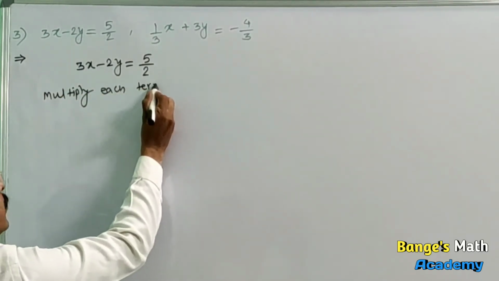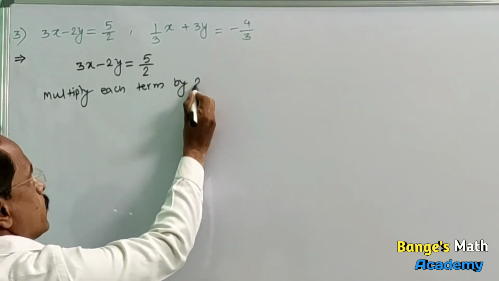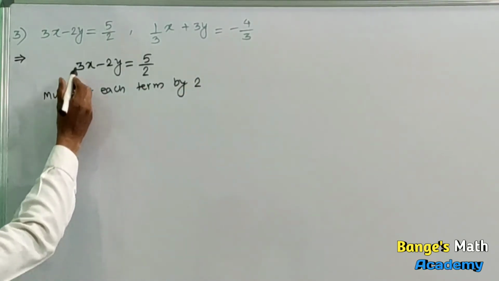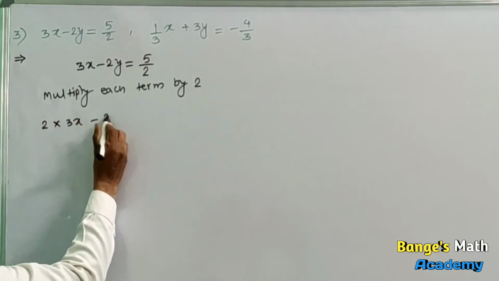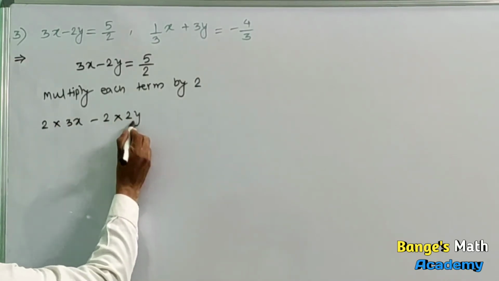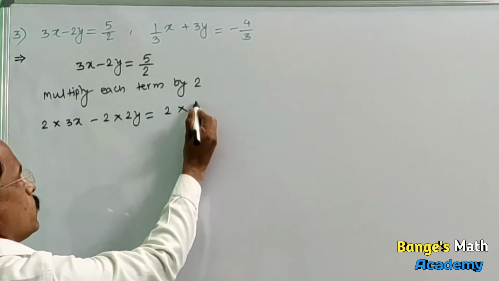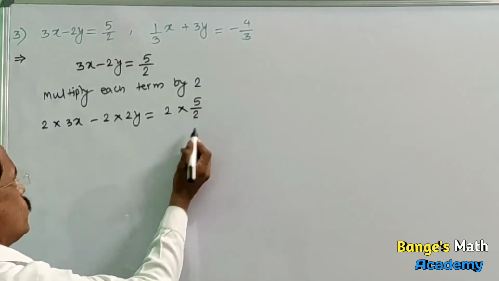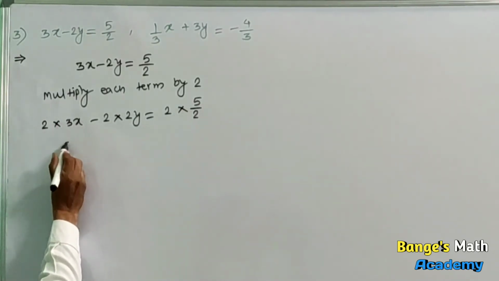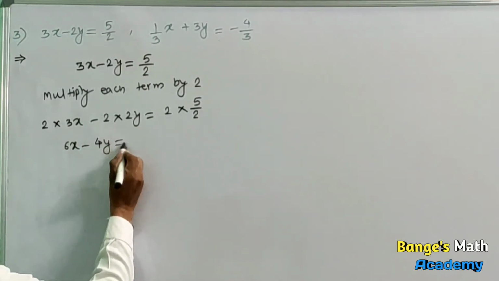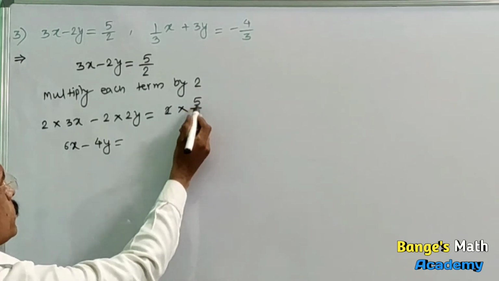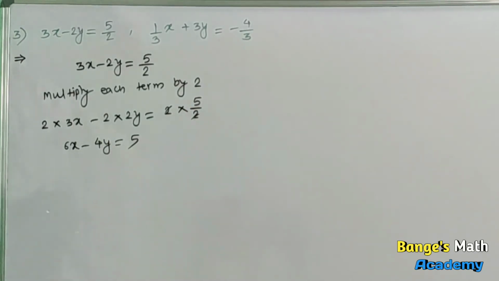Then equation becomes 2 into 3x minus 2 into 2y is equal to 2 into 5 upon 2. 2 into 3x is 6x, minus 2 into 2y is 4y, is equal to 2 gets cancelled, is equal to 5.